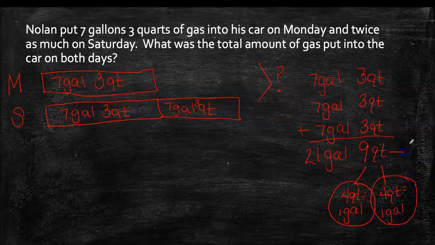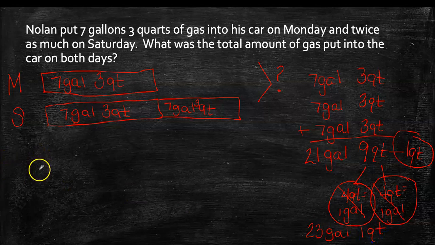And that will now leave me with 1 quart, because 4 quarts and 4 quarts is 8 quarts, plus 1 more is 9. So I have 2 gallons here that I need to add to the 21 gallons that I already have. So that leaves me with 23 gallons. And how many quarts is left? I have 1 quart left.